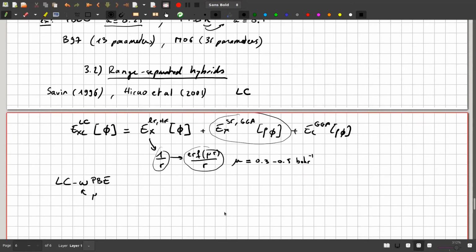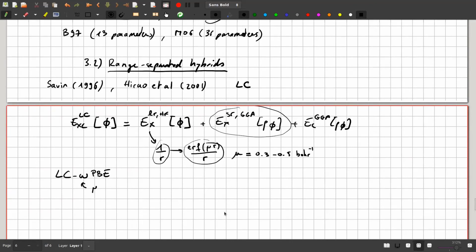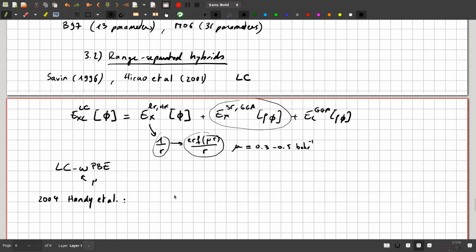Okay. Now, in 2004, Handy and co-workers proposed a slightly different decomposition. They call it CAM, for the Coulomb-attenuating method, where they have the following decomposition.